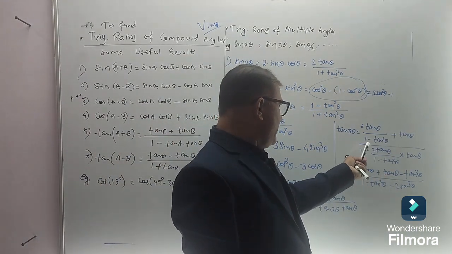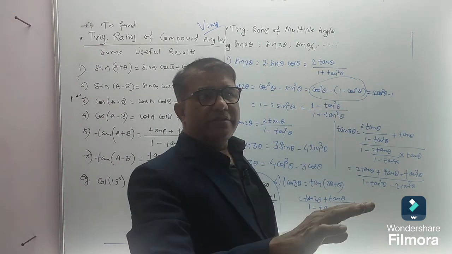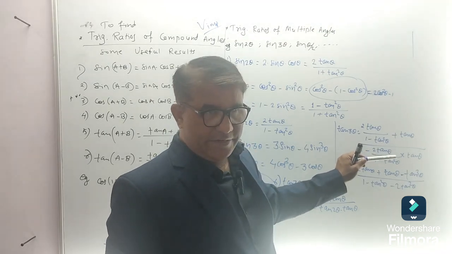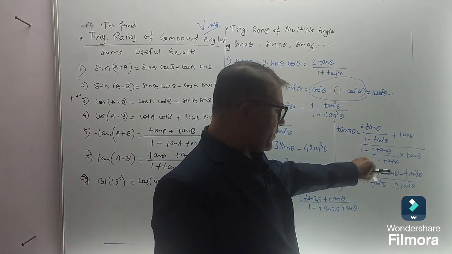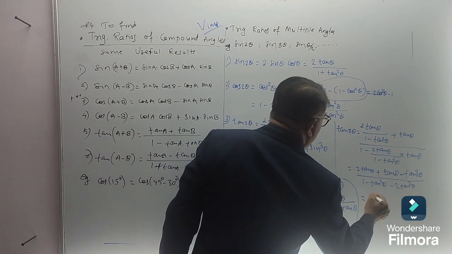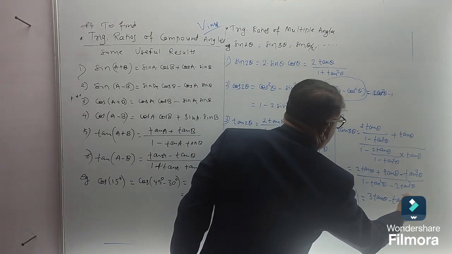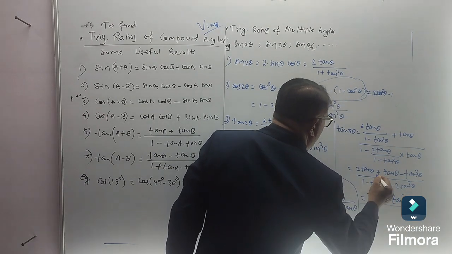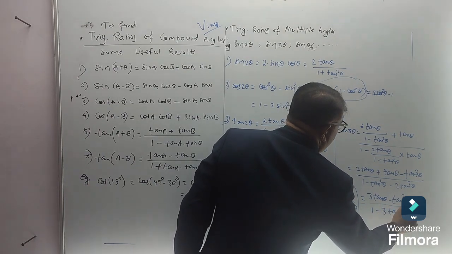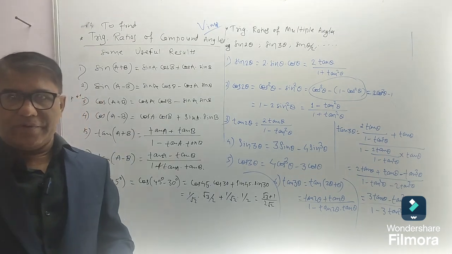After taking LCM, 1 minus tan square theta in the numerator and denominator both get cancelled. Finally we can write 3 tan theta minus tan cube theta upon 1 minus 3 tan square theta. One derivation I have given.